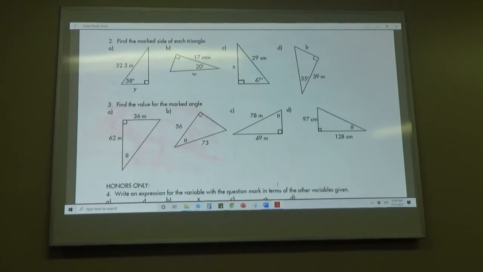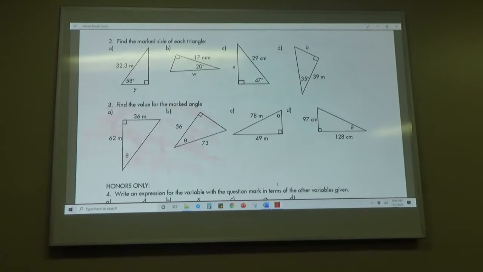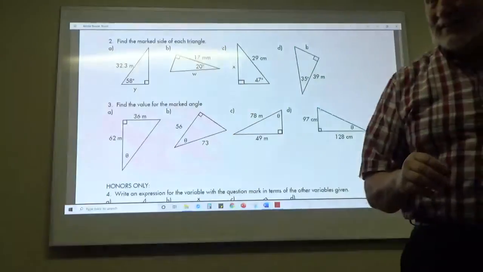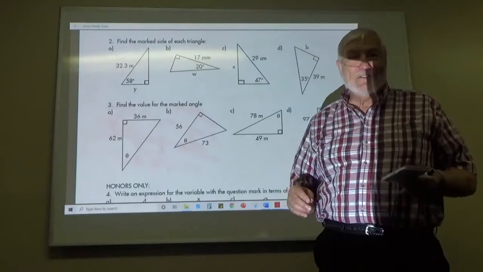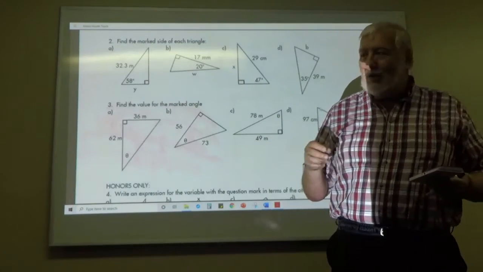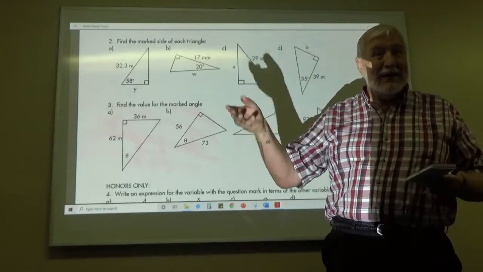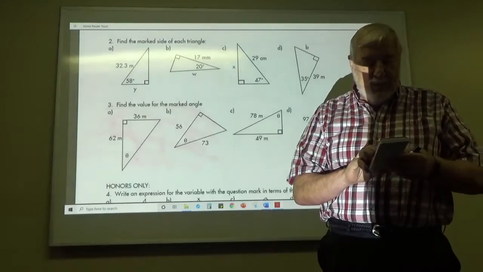Okay, now, they did the same thing, they just got different numbers. What you have to do is check and make sure that you are using degrees and not radians. I did an entire math test with radians instead of degrees. And so every time I got an answer, I knew it was wrong, but I forgot why it was wrong, and so I ended up passing the test, but it was a problem.